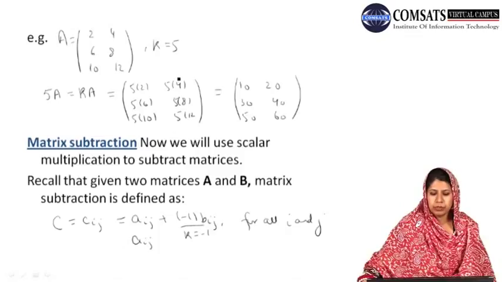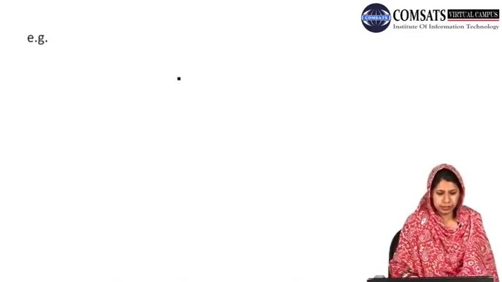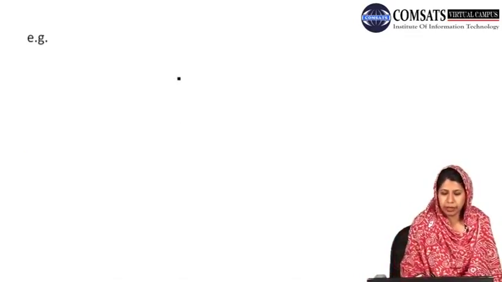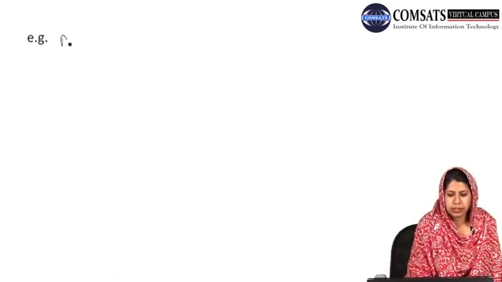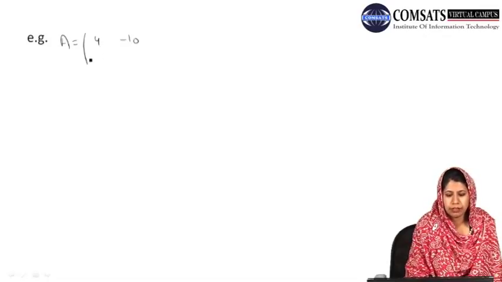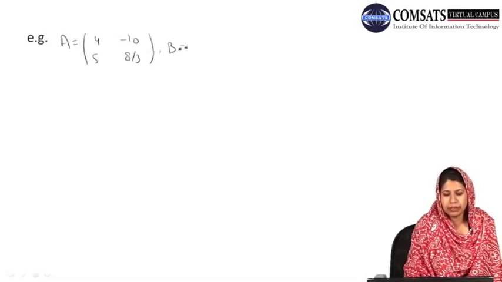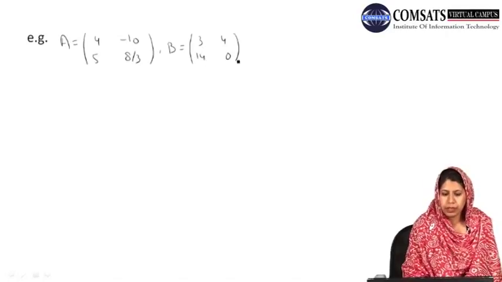Let us see with the help of examples what we mean by the scalar multiplication and the matrix subtraction. For example, we are given the matrix A equal to 4, -10, 5 and 8 by 3, and the matrix B as 3, 4, 14 and 0.